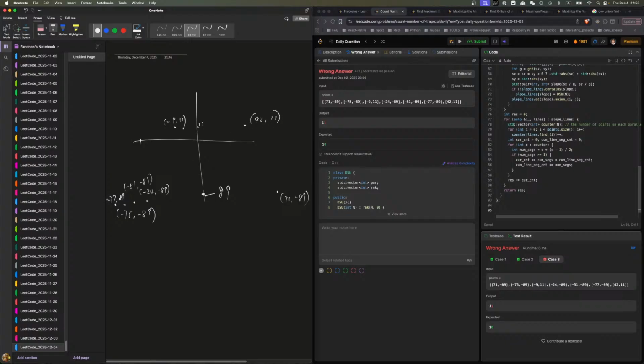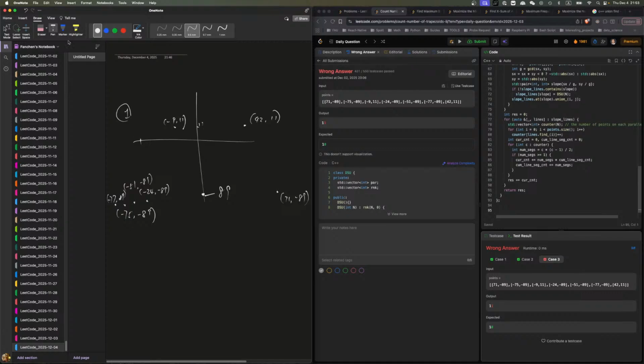Okay, so I'm not sure if they have more parallel. Oh, am I double counting? So this is 1, 2, 3, 4, 5, 6. 6 times 5 divided by 2, that's 15.